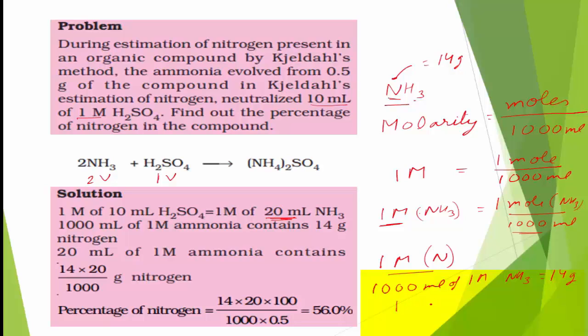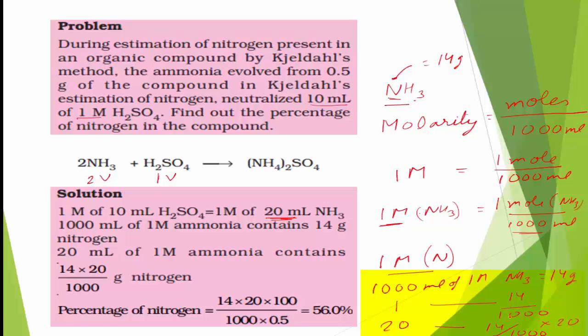Similarly 1 ml will have 14 by 1000. Now we have 20 ml of ammonia, so in 20 ml there will be 14 divided by 1000 into 20.